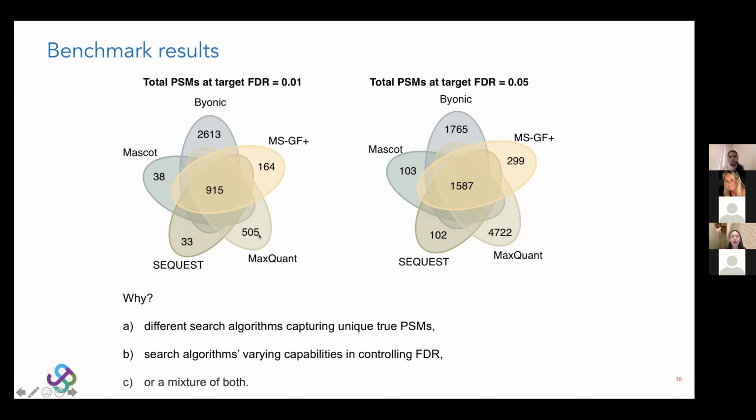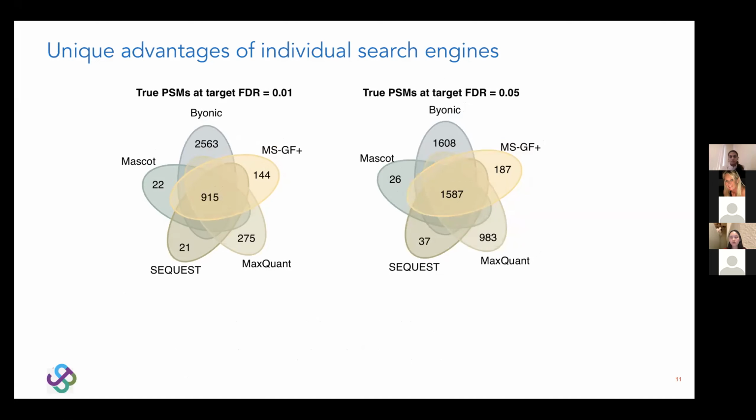And finally, it could be a mixture of both these 2 effects. So to look further into this, we examined the PSMs at these 2 target FDR levels. Our result here confirmed the unique advantages of individual search engines.